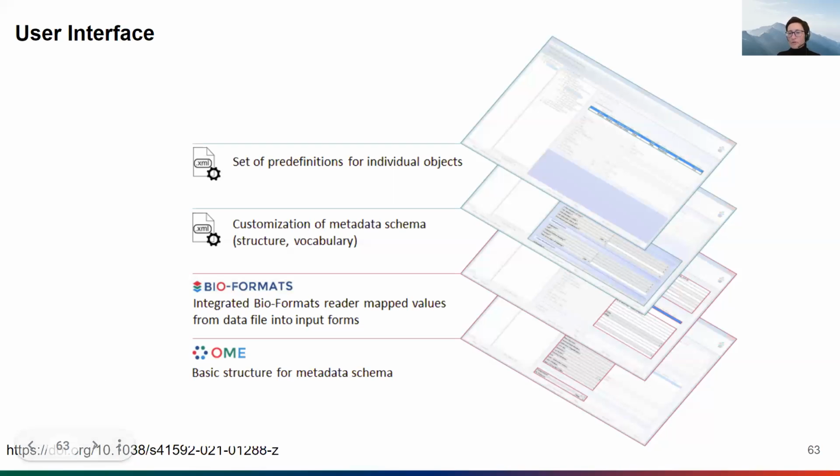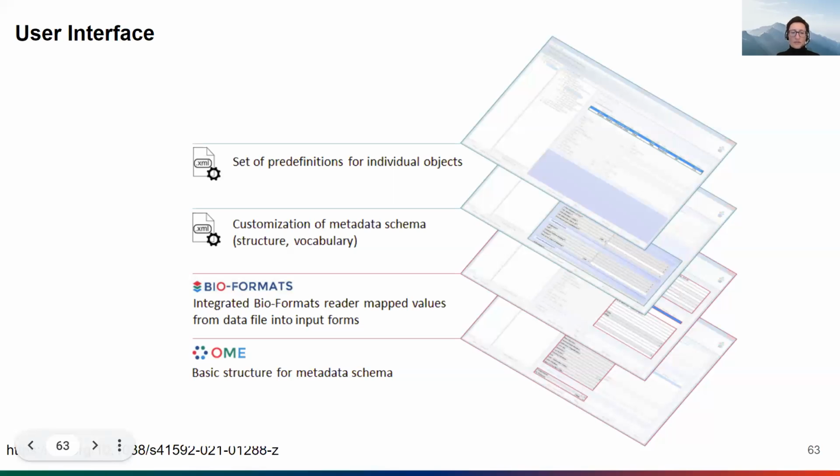But Bio-Formats does not support all file formats so well, and to give the user support and annotate also this data, we have the third level where we can customize the used metadata schema, and provide a standardized vocabulary and structure to annotate the data.